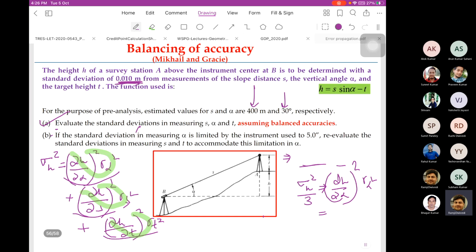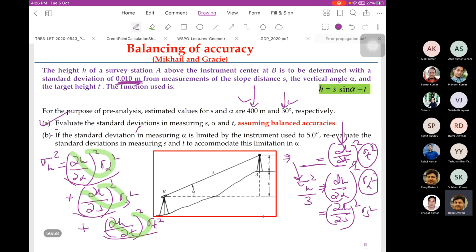Similarly, it is equal to del h by del s, sigma s square, is equal to del h by del t, sigma t square, because they are contributing equally, isn't it? Now you know sigma h, you know this partial derivative, you are given these values. What you can estimate? You can estimate sigma t, sigma alpha, and sigma s.